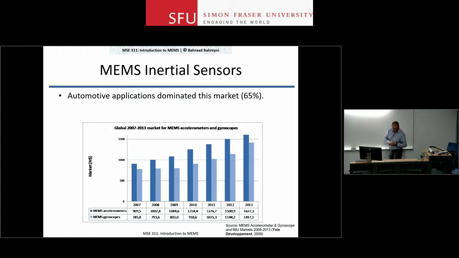So the chart here shows the growth in accelerometers. This is early days. It ends at 2013, 9 years ago. And what has happened since then is the explosion of the application cases and also the number of devices that you need. Mostly because now in every mobile device that you have, there is at least one accelerometer, probably more.